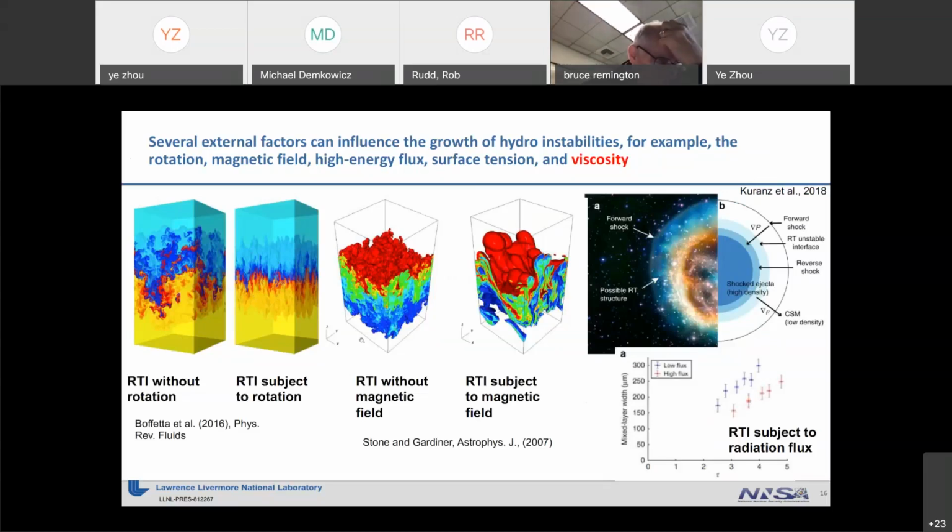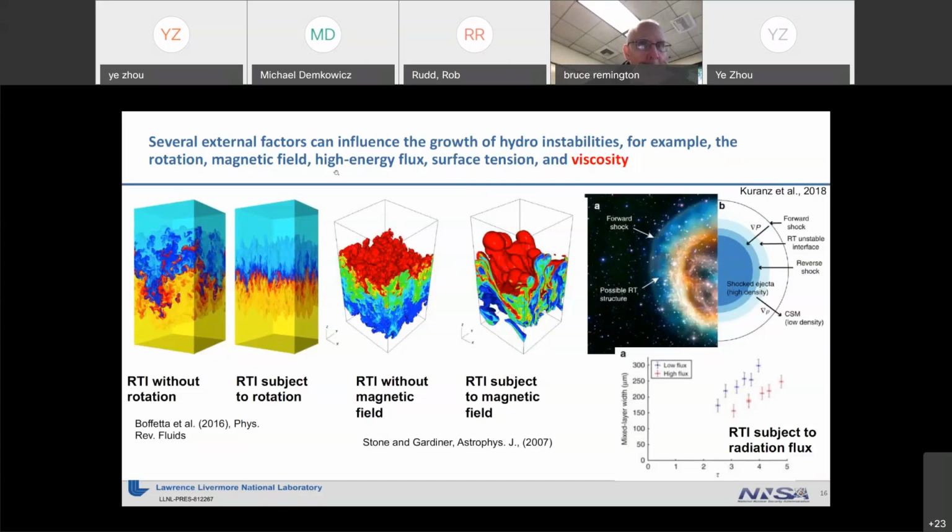The same is true in the situation of Rayleigh-Taylor with a magnetic field. If you don't have the field, again you can see different large motions and small motions. But if the same kind of flow is subject to a magnetic field, you will only have the large structures. You don't have small scale motions.